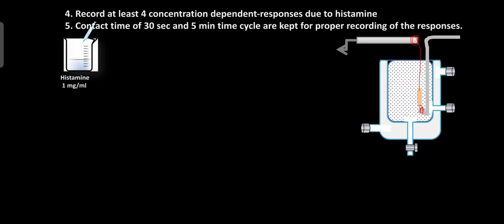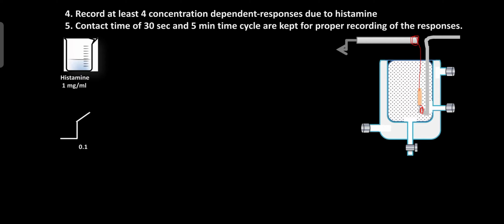First, record the baseline without any drug for 30 seconds. After that, add 0.1 ml of histamine from the stock solution and record the responses due to addition of 0.1 ml of histamine.